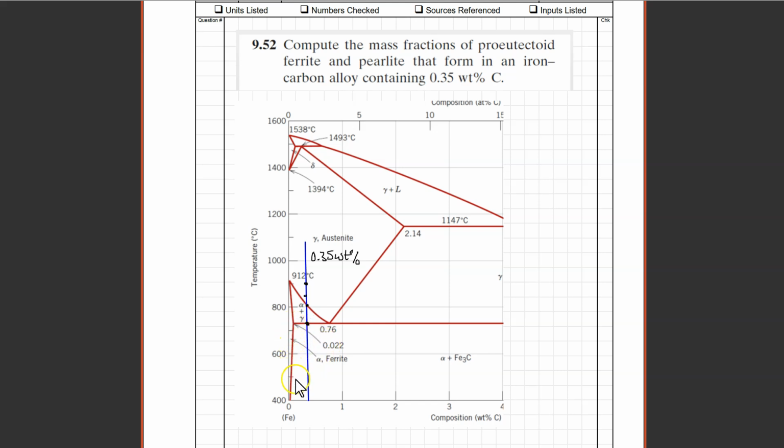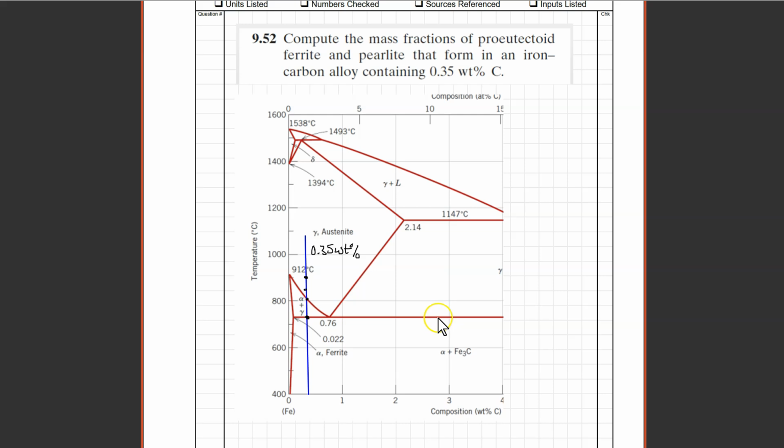So what we can do is make the assumption that the phase composition at the eutectoid temperature, which is given by this horizontal line here, is going to be the same as what's retained at room temperature.